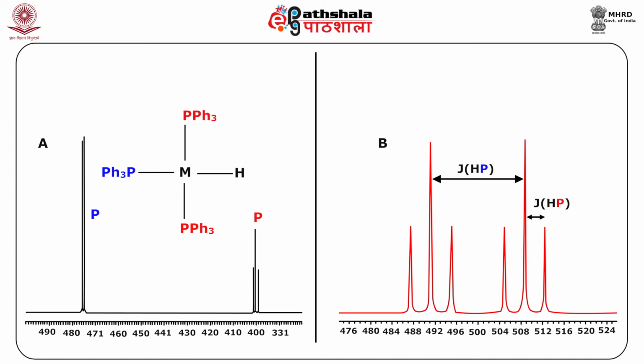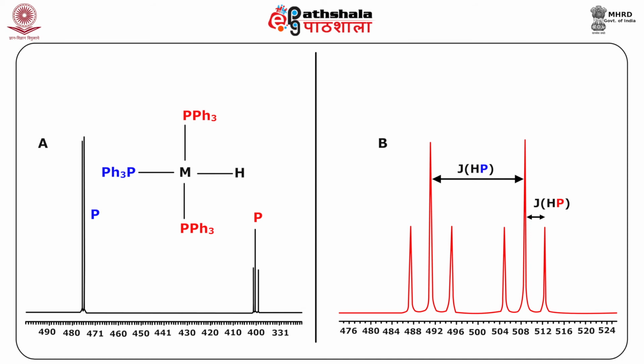The red phosphorus nucleus will couple with the two equivalent blue phosphorus nuclei and will give a 1:2:1 triplet. Similarly, the blue phosphorus will couple to the single red phosphorus to give a doublet. The coupling constant J(PP) will be the same in both cases.